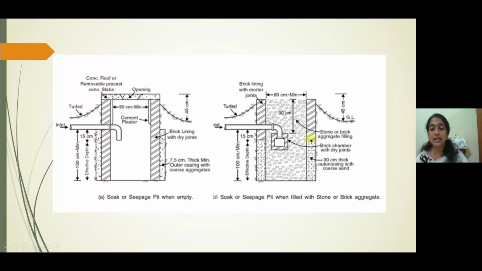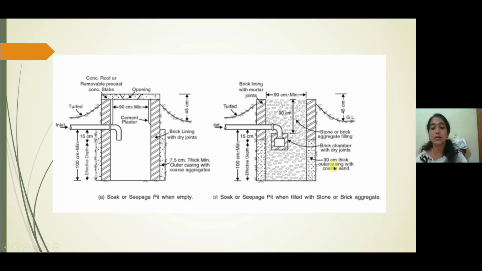You can see the stone or brick aggregate filling inside the soak pit, and a brick chamber with dry joints is provided for the protection of the inlet pipe inside the soak pit.